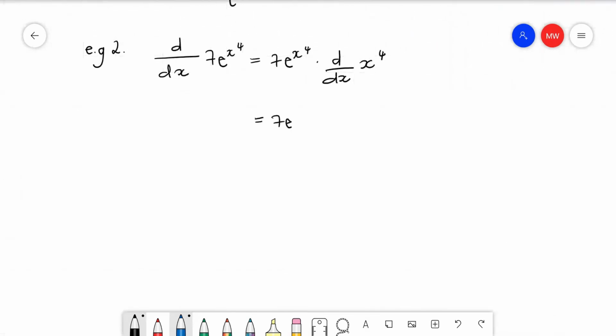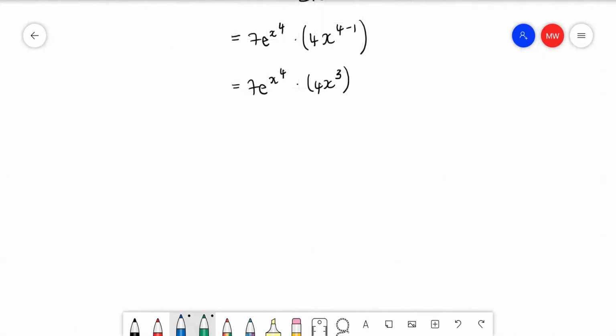We get 7 times e to the power x to the power 4 times 4 times x to the power 4 minus 1, which gives you 7e to the power x to the power 4 times 4x to the power 3. And now we're just going to multiply our like terms and get 28x to the power 3 e to the power x to the power 4. That's your final answer.